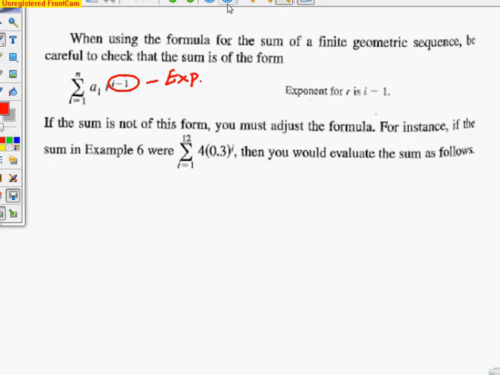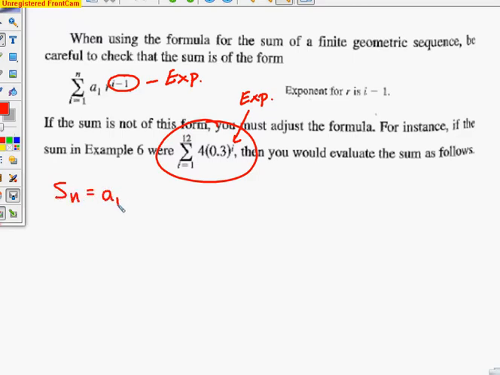So you'll see they have this problem right here. We need to find this sum. Now this is very similar. The only difference is the exponent. Pay attention to that exponent. It's not i minus 1, it's just i. Let's see how this affects the problem. I want to find the sum of the first n terms.